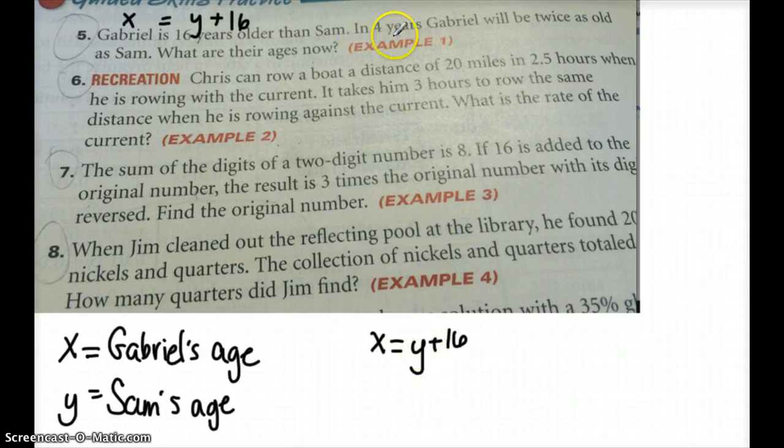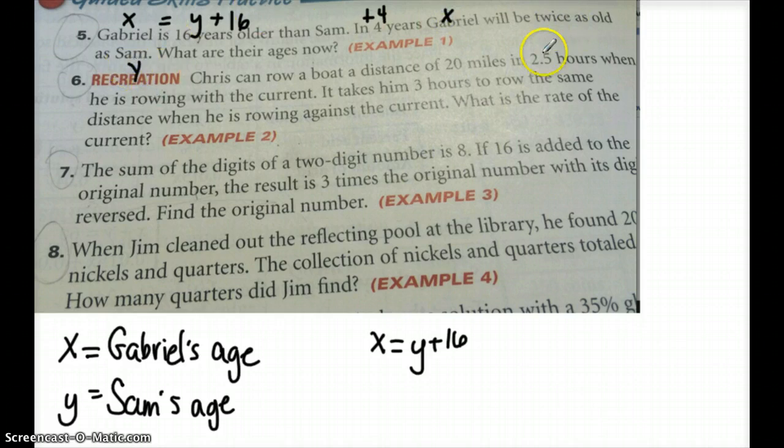Okay, and then it says in 4 years. So since we're talking about an age, in 4 years that would be a plus 4. In 4 years, Gabriel is twice as old as Sam. So Gabriel is at X, twice as old as Sam.